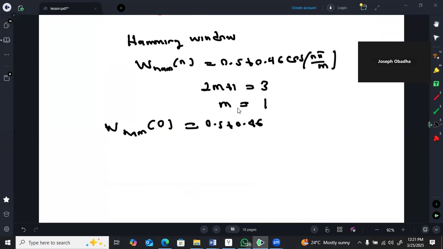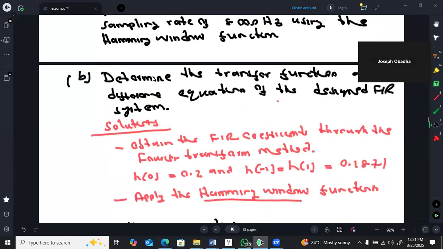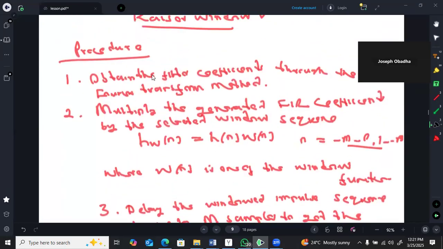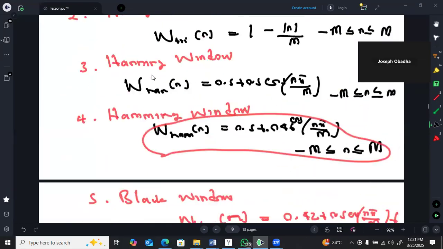Now, let me see the Hamming window. What is it in the Hamming window? Are we right? Hamming window is 0.54. Oh, by the way, it should be 0.54. No, it's fine actually.